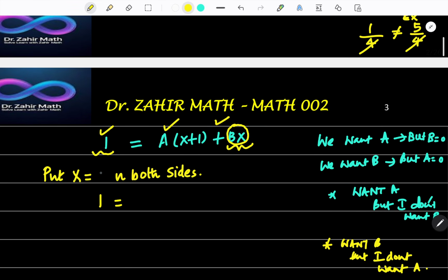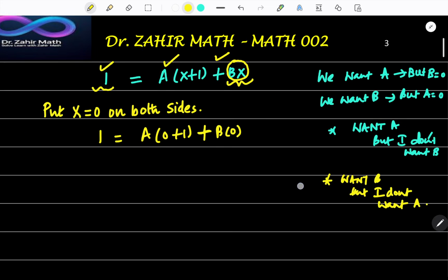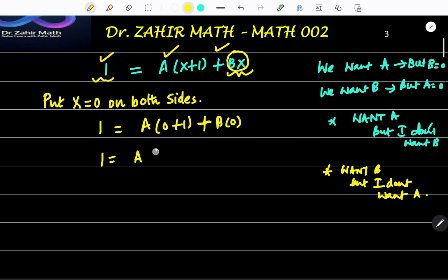Put x is equal to 0 on both sides. So a times 0 plus 1 plus b times 0. So this equals a times 0 plus 1, which is 1. So b is equal to 0, so a is equal to 1. So we got it.